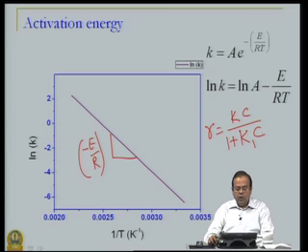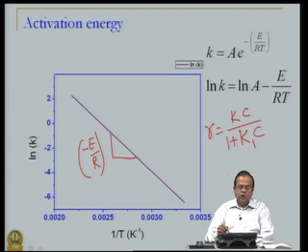For example, if you have a rate expression which looks something like this, K, some kinetic rate constant, times concentration divided by 1 plus some equilibrium constant K1 into C. We will see where those equilibrium constants are coming from, and this is where I said there is a possibility that equilibrium constants also appear. This actually appears for a lot of gas solid catalytic reactions.